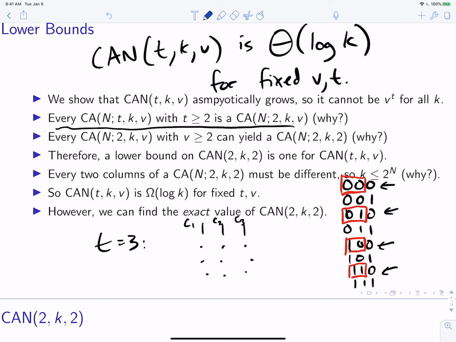Okay, so now let's look at the third statement here. Supposing that we do have a covering array of strength 2, now I claim that we can reduce the number of symbols to 2 everywhere. So why can we assume that?